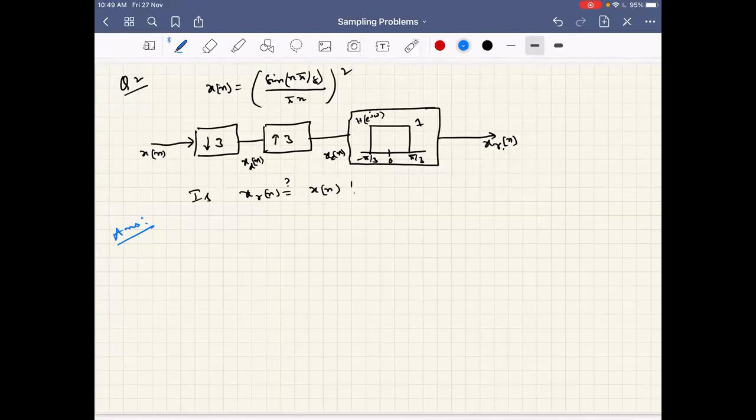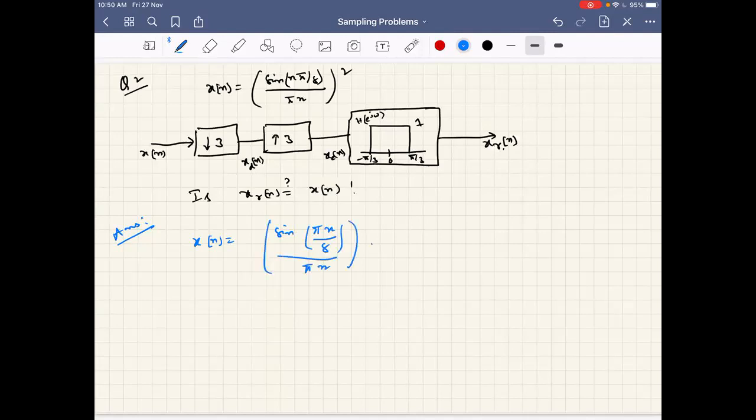I am asking Bhargav. Sir, x of n is a multiplication of sinc pulses. In the frequency domain, it becomes convolution, sir. Very good. Let us do up to there.